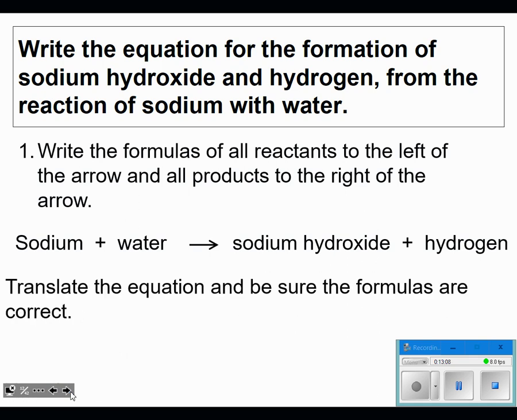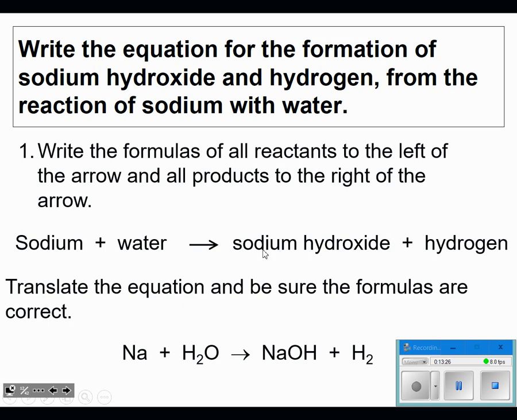Next, we need to translate the equation and be sure that the formulas are correct. So we need to write all the formulas for all of these reactants and products. Sodium is Na, water is H2O.